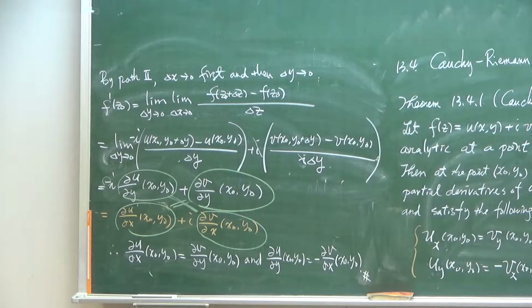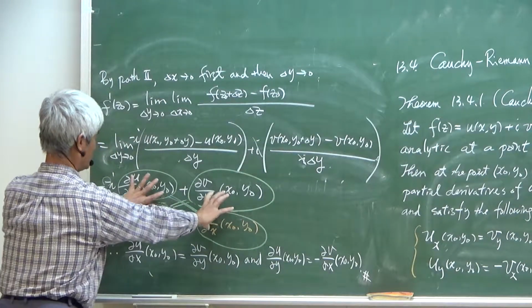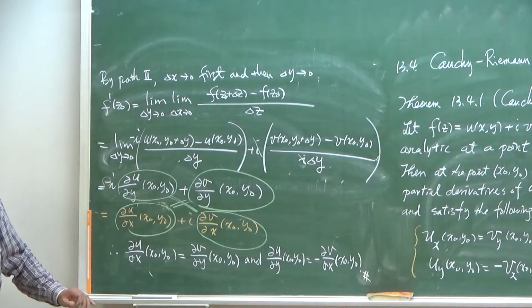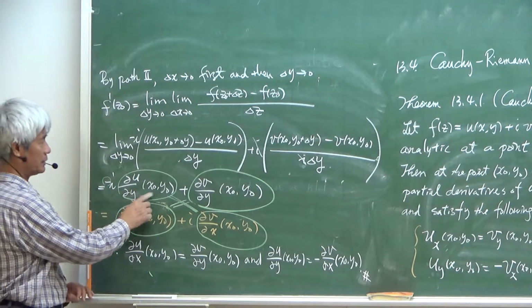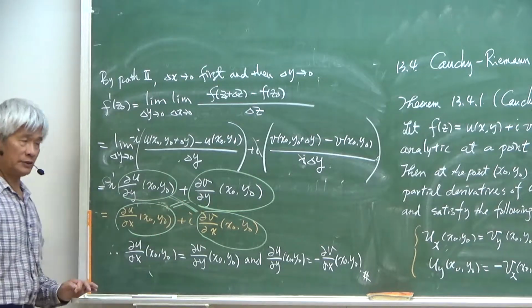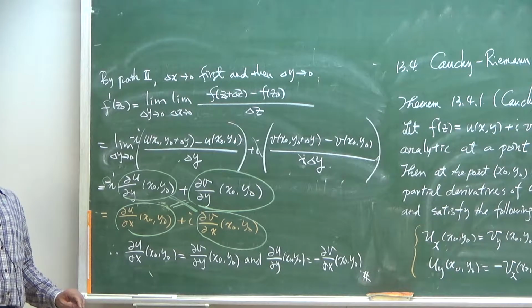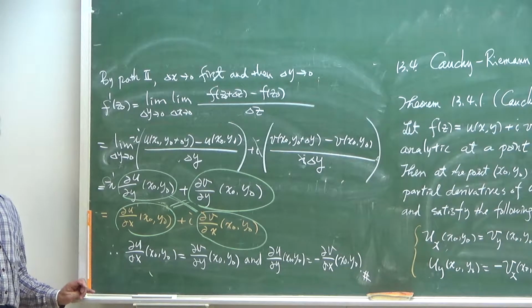Right. So once we know a complex function is analytic at a point, then we know we must have these four first order partial derivatives at the point x0, y0. And these four first order partial derivatives satisfy these two equations. Okay? Any questions?